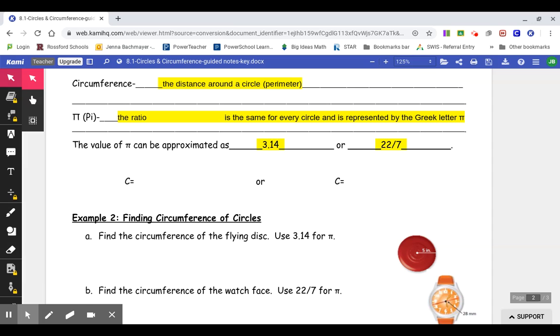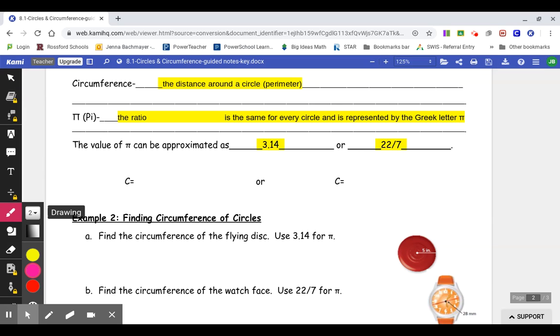All right, so pi, that's how we say this. Pi is the symbol that we use. The ratio, and I'm going to write this in here, of circumference over diameter is the same for every circle, and it's represented by the Greek letter pi.